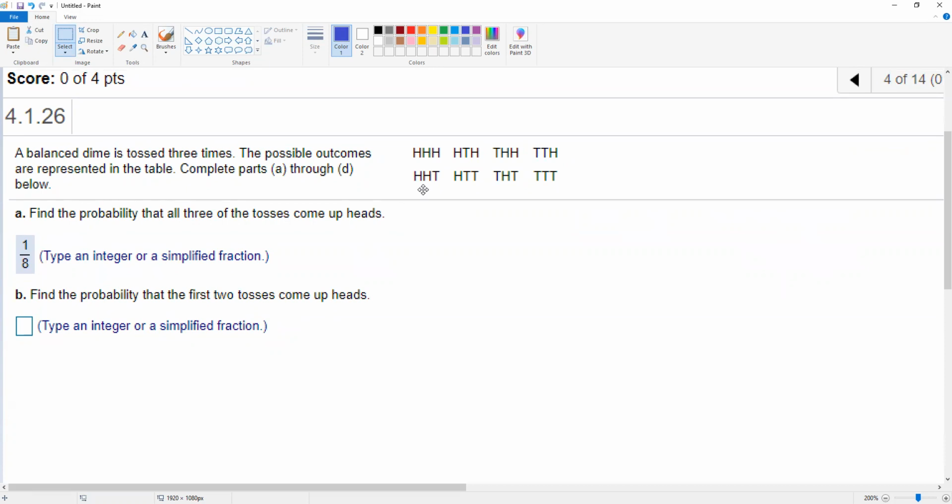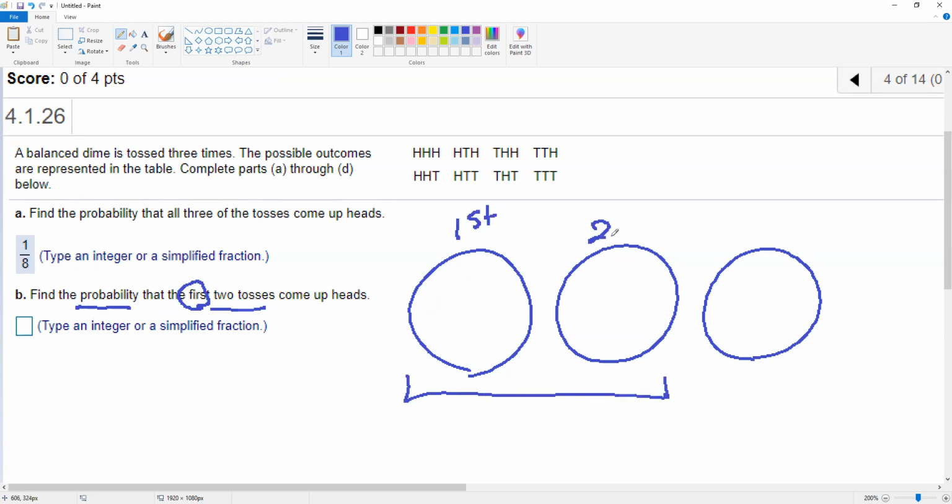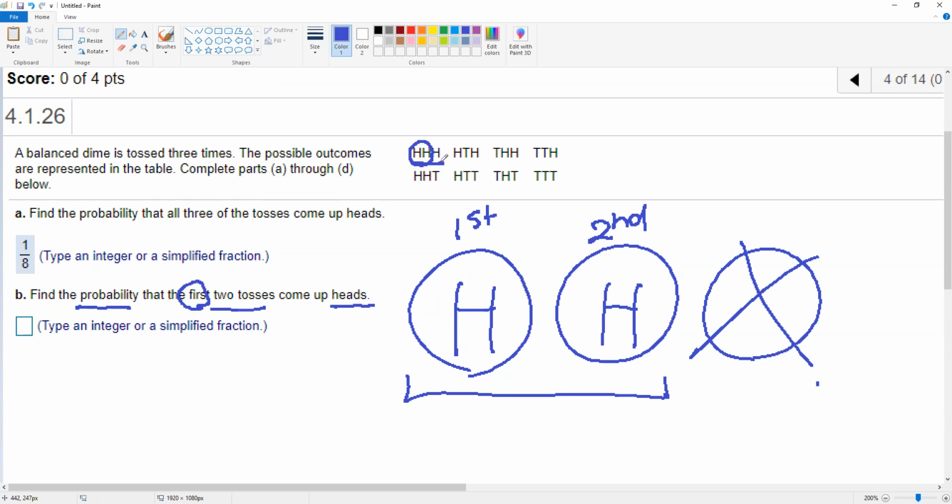And part B. So now in part B, we need another probability. We tossed 3 times, and we just focus on the first 2, the first one and the second one. It doesn't matter what the third one is. And the first 2 are heads, right? So here's one, not this one.